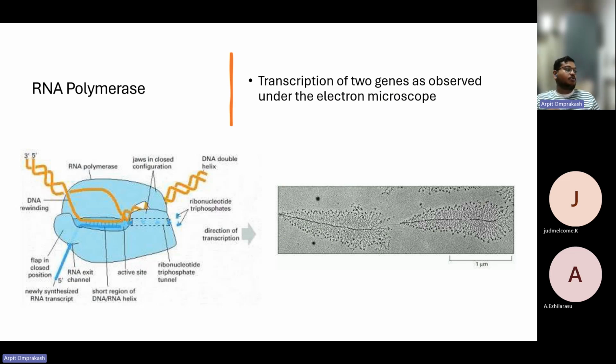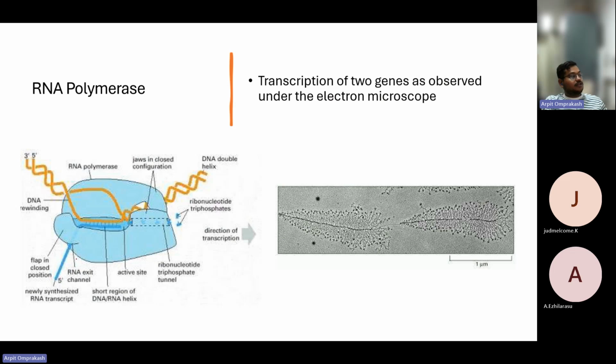What this RNA polymerase does is attach to DNA, then unwind or open the DNA, and then based on the nitrogen base pairs present on the DNA, it synthesizes an RNA transcript of the same, then drops it out and moves on to the next part of the DNA, and so on.